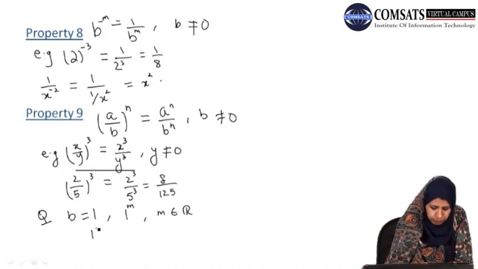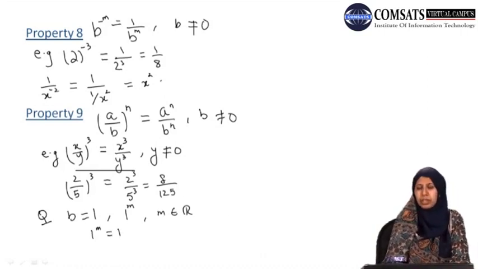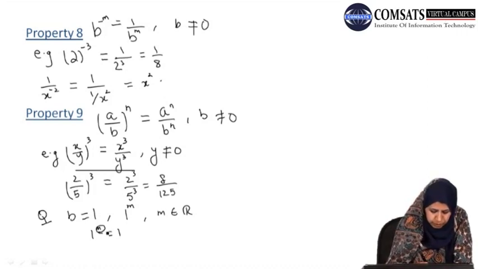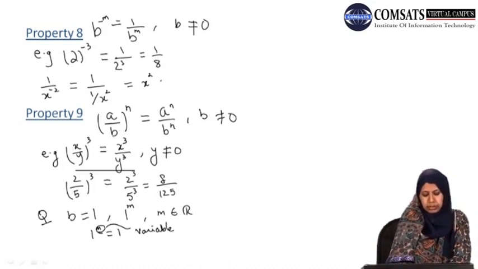Now clearly 1 to the power m is 1 again, no matter what the value of m is. So what we have basically is a constant raised to a variable power. m is our variable here. These types of functions are basically the exponential functions.